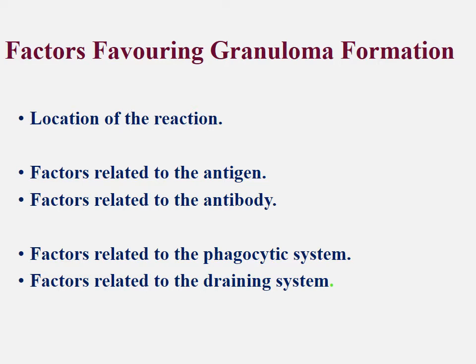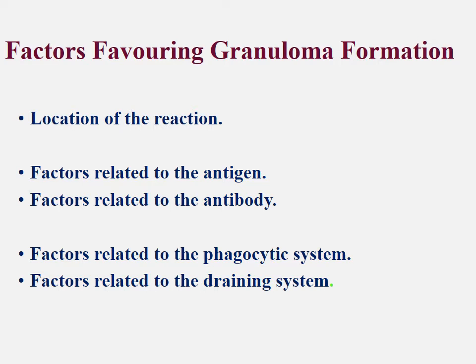And when they are not removed from the area easily, the body tends to surround them with inflammatory cells, which ends in granuloma formation. When the antigen is hard to digest or to remove, the body surrounds the antigen with inflammatory cells and then ends up with epithelioid cells and then fibrosis and granuloma.